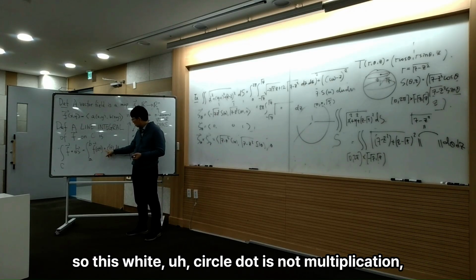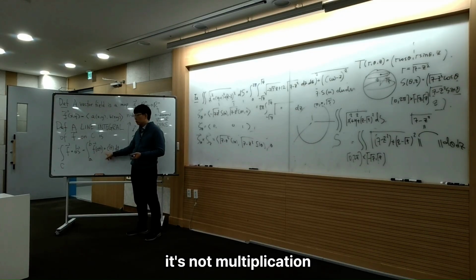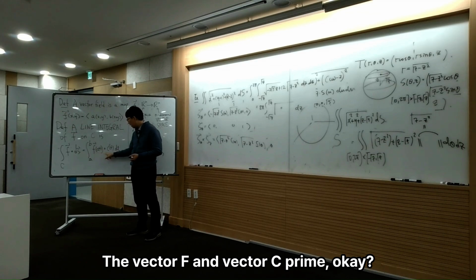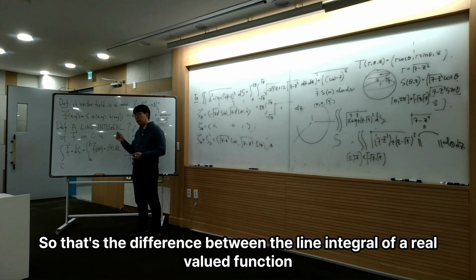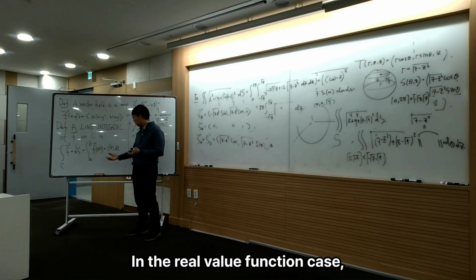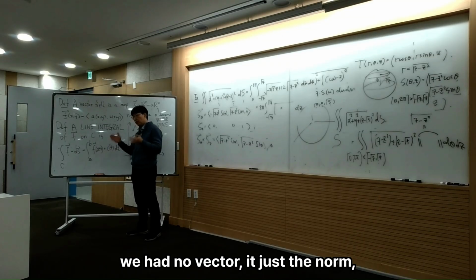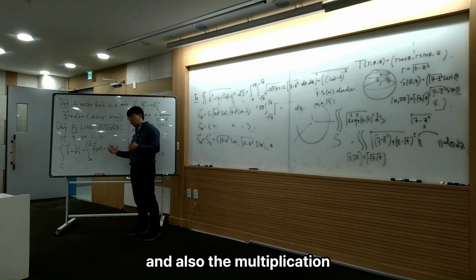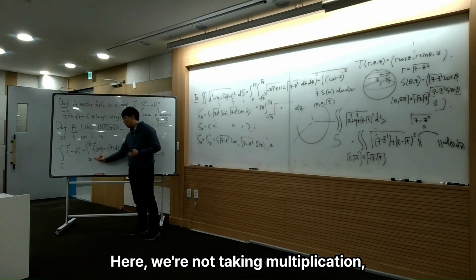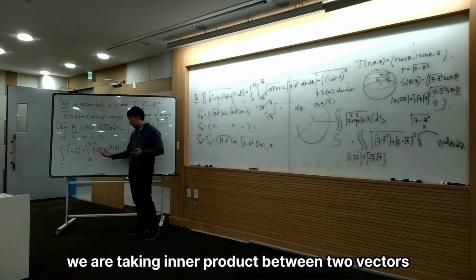So this white circle dot is not multiplication. It's inner product between two vectors, the vector f and vector c prime. Okay? So that's the difference from the line integral of a real valued function. Just compare the definition. In the real valued function case, we had no vector. It's just the norm, which is the value. And also the multiplication is between two numbers. Here, we're not taking multiplication. We are taking inner product between two vectors.